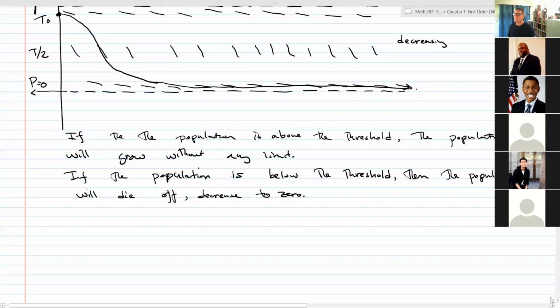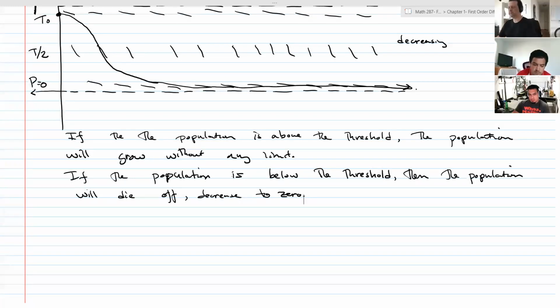So if we think about what a threshold is, okay? A threshold is a limit or a line on which either side of the line, you get two different kinds of behavior. That's just generally what it means to be a threshold. On one side of the threshold, we get growth without limit. On the other side of the threshold, we decline down to zero, or we get die off. Hence why calling it a threshold makes sense.